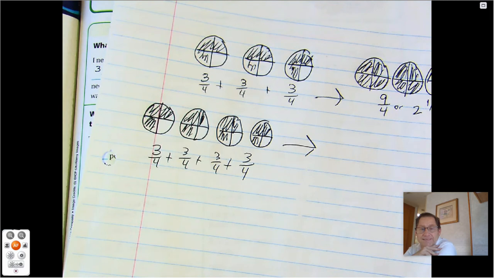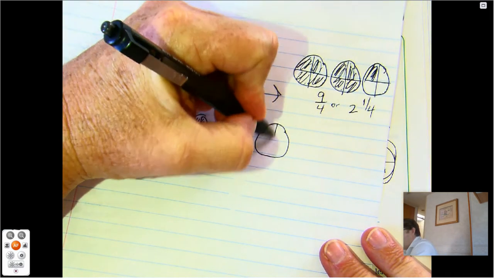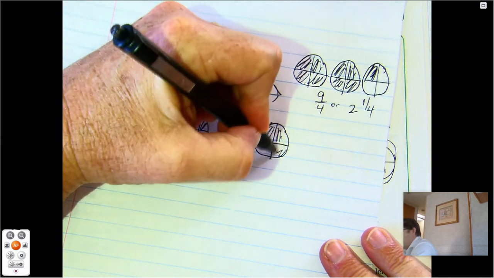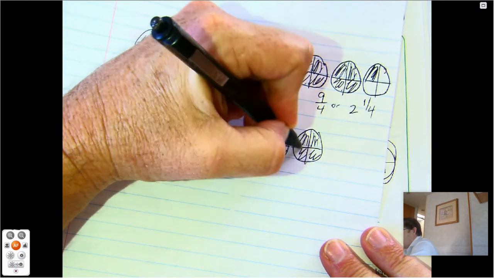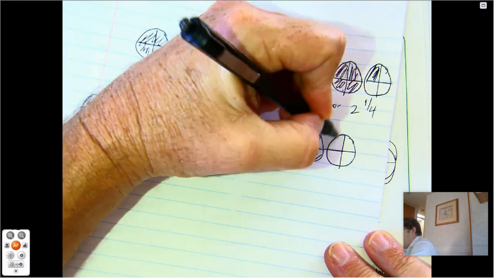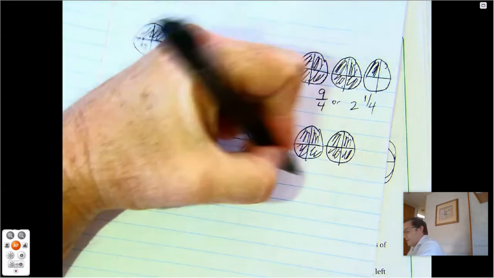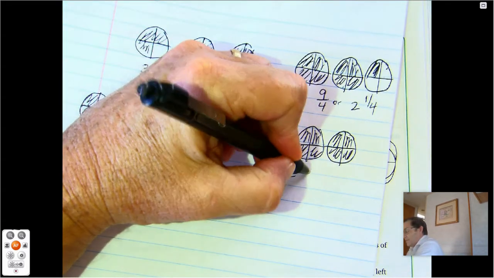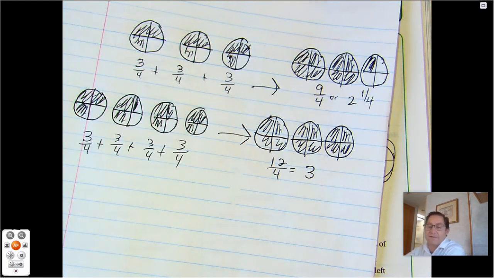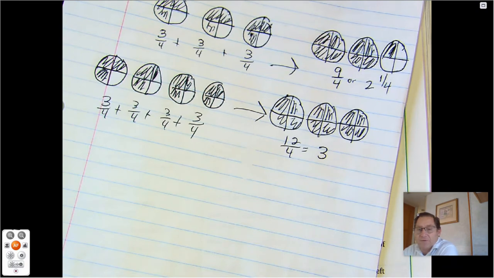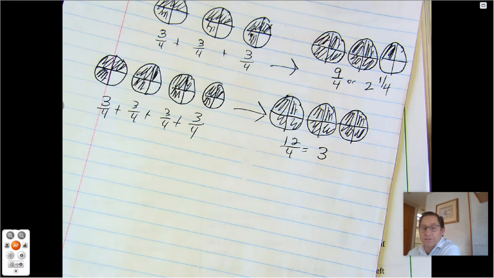Well, we have 3, 6, 9, 12 fourths. That's 4, 8, 12. All right. So 12/4 equals 3. Oh, this time we don't have anything left over, right? We have 3 pounds because every full circle represents 1 pound.